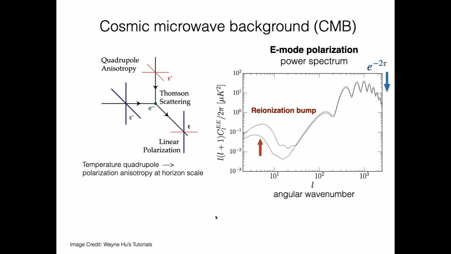Let me just explain real quick the physics of how this can arise. This is a picture borrowed from Reion's tutorials. I used to do this in a live talk, which is much easier, just demonstrating with my hand. But I can try again, see if it works. Otherwise, default to the image. So you can imagine that you are the audience on the other side of the computer. I am a free electron sitting here, and there is a photon coming from above and from my right hand side.